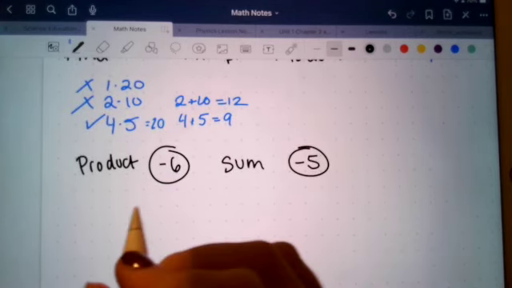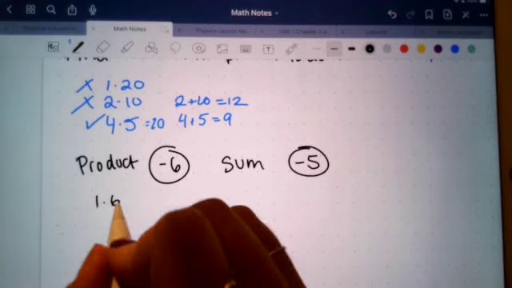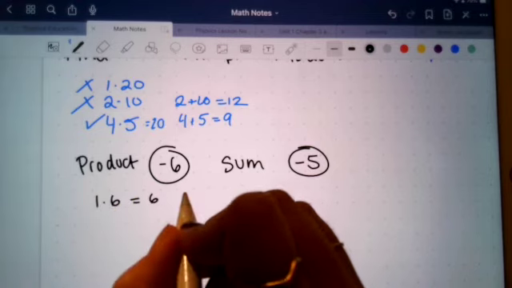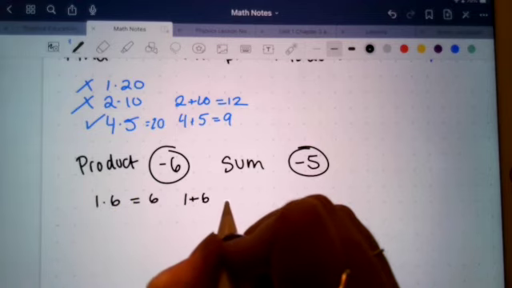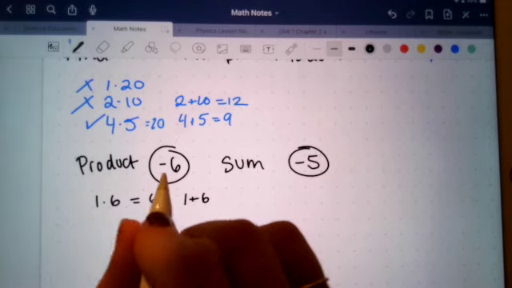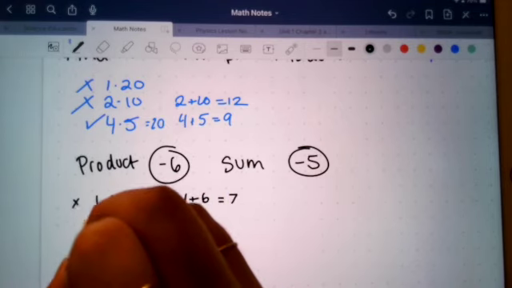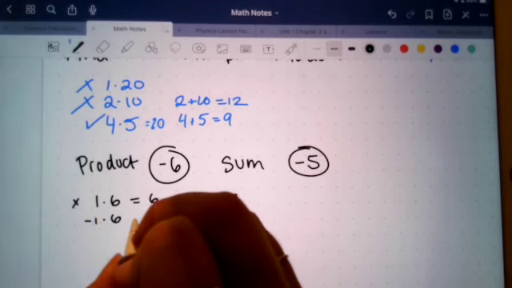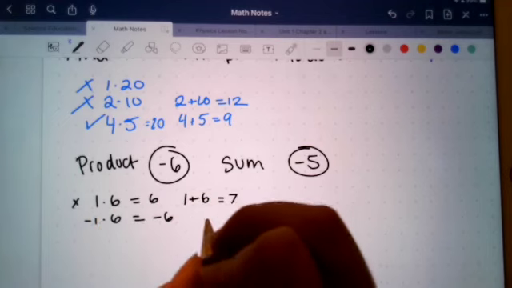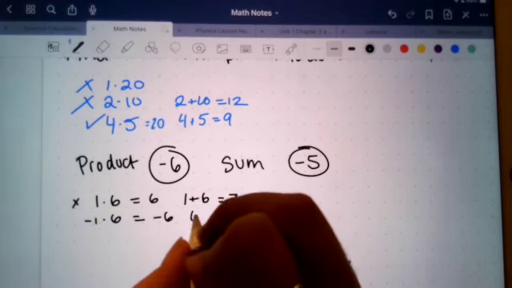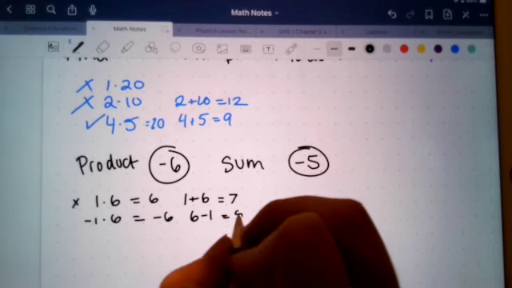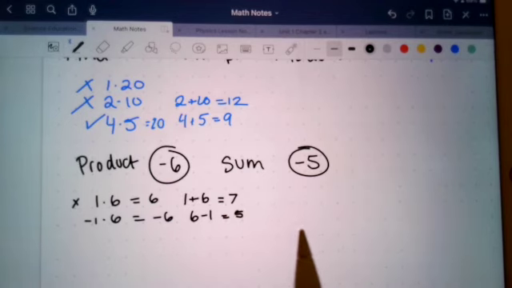So this is going to look like 1 times 6, that equals 6, and then 1 plus 6. Okay, so it can't be both positives because we have to have a product that is negative, so that doesn't work. -1 times 6 equals -6, and 6 minus 1 equals 5, but not -5.